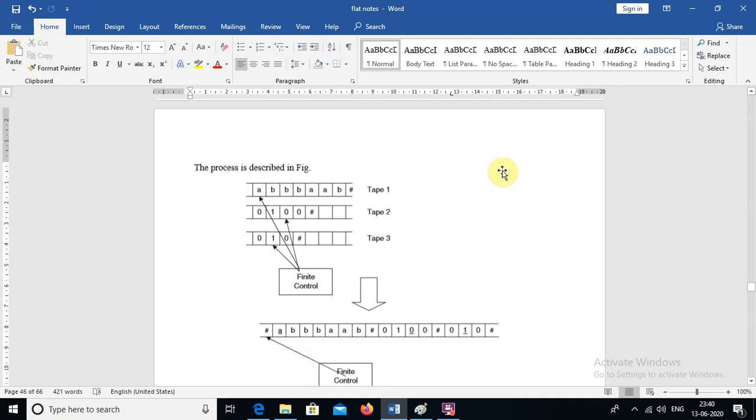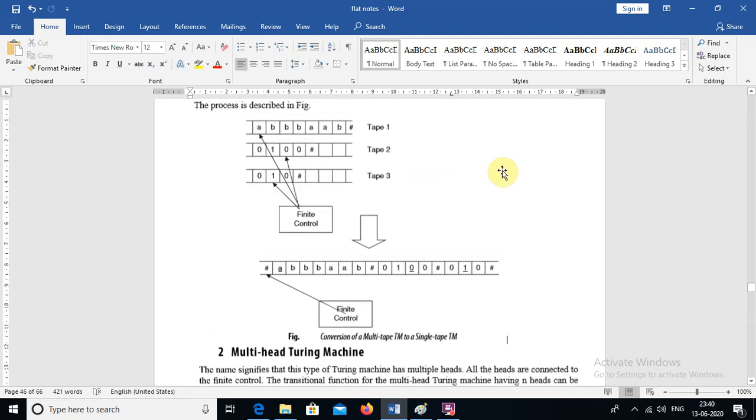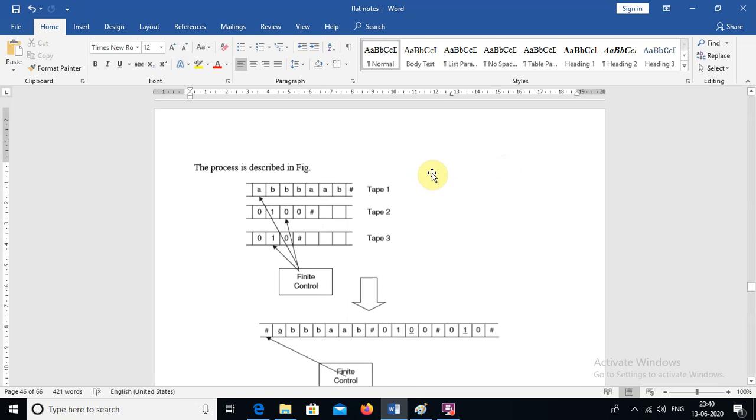How is it possible? Let's go with a diagram representation. Here this is a Turing machine. We have tape 1, tape 2, tape 3 and a finite control with 3 read-write heads, right? And this can be represented in a single tape like this. So here we have only one single tape.